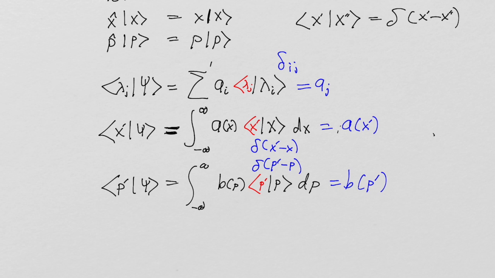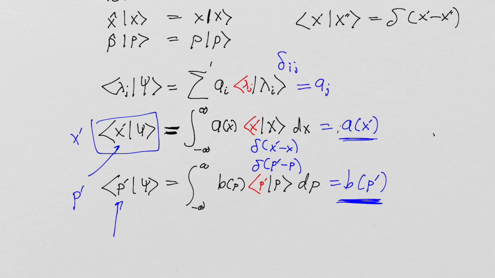So I now have extracted this function on both sides, right? This guy here on the right side looks like it's a single number, whatever number I use for p prime. But knowing that this can be chosen to be any momentum and this can be chosen to be any x, these guys are actually functions of x prime and a function of p prime.